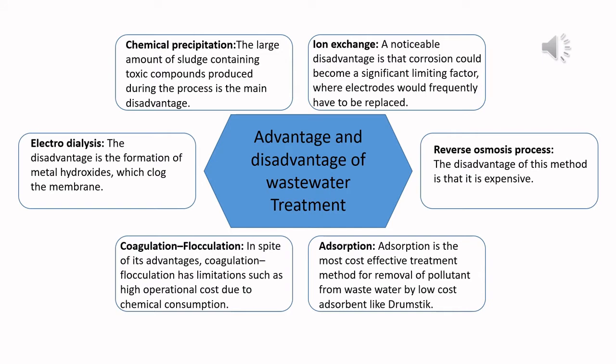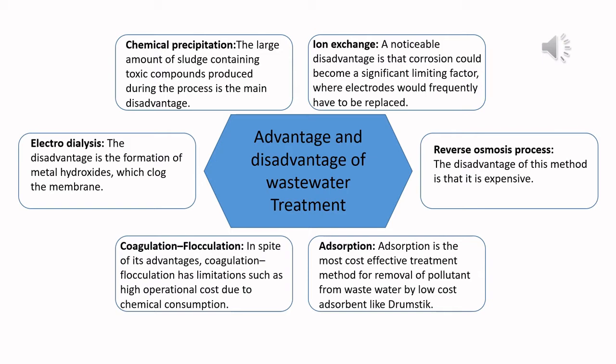There are many advantages and disadvantages of wastewater treatment methods. First, chemical precipitation. The large amount of sludge containing toxic compounds produced during the process is the main disadvantage. Ion exchange. A noticeable disadvantage is that corrosion could become a significant limiting factor, where electrodes would frequently have to be replaced. Electrodialysis. The disadvantage is the formation of metal hydroxide which clogs the membrane.